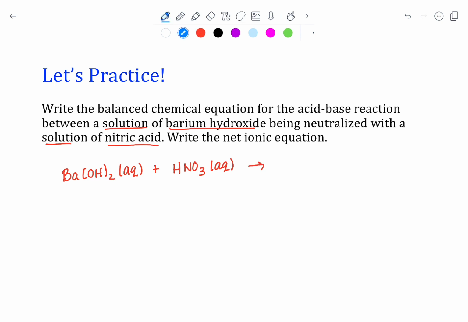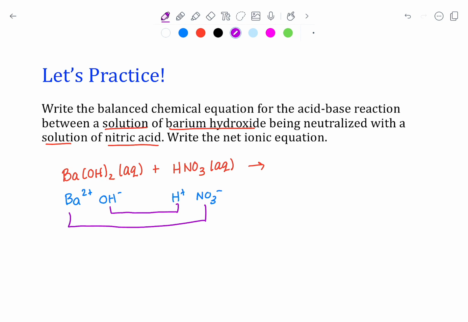So we can write these as their individual ions, Ba2+, OH-, H+, NO3-, and we can do our swap. So we have H+ going with OH-, we have NO3 going with Ba2+.